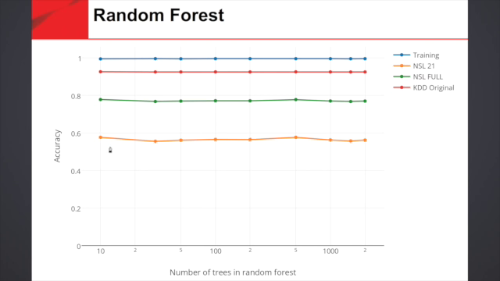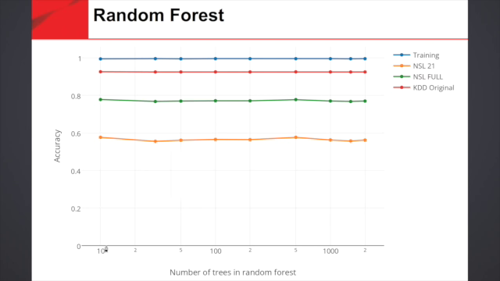Notice that it's a binary classification, so this result is pretty low. For the other datasets, we can notice that the easiest one is the one provided by KDD. It's the original test set, and the random forest can perform at about 92% accuracy.